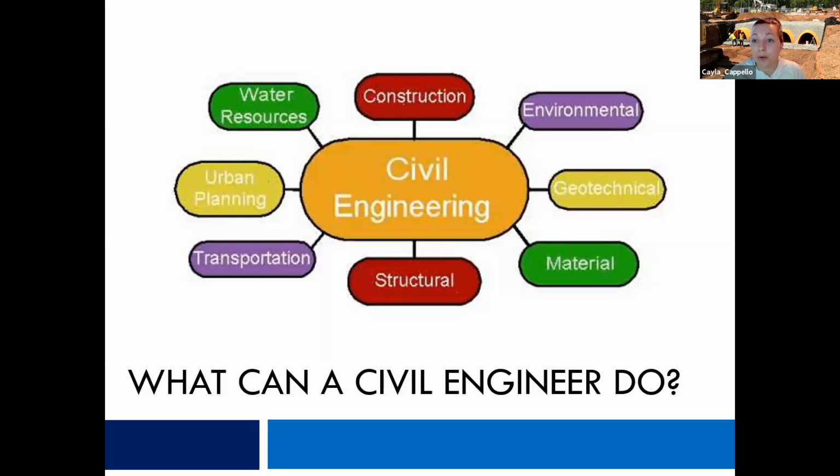So we'll deal a little bit with water quality, obviously planning and site layout, utility designs, which we'll touch on in a second, all the way through seeing it through construction. We're working with geotechnical engineers and structural engineers, so we get to interact with a lot of these different components.